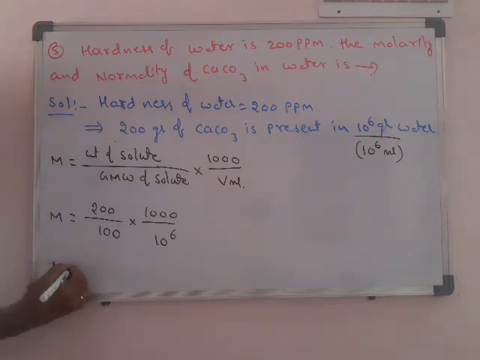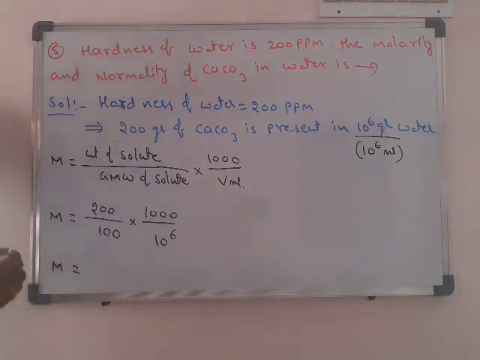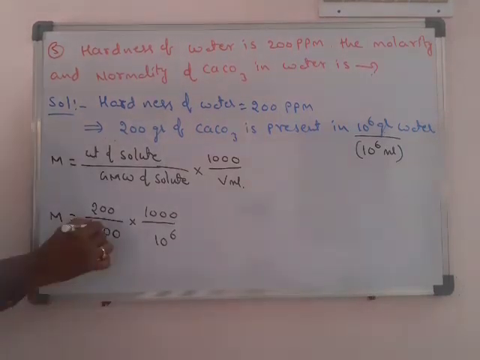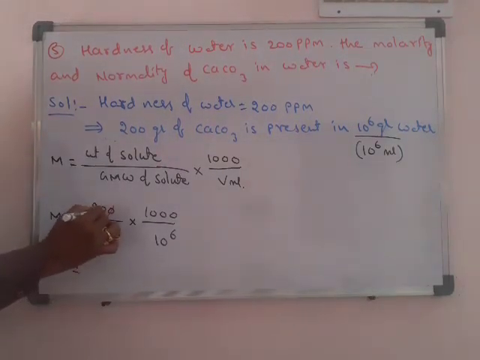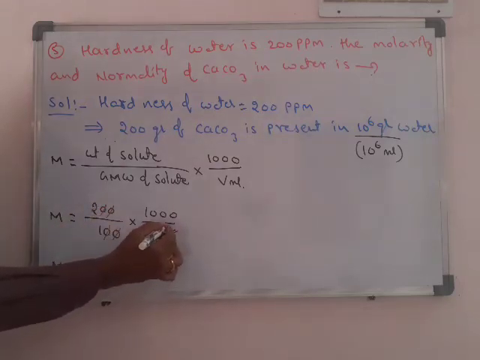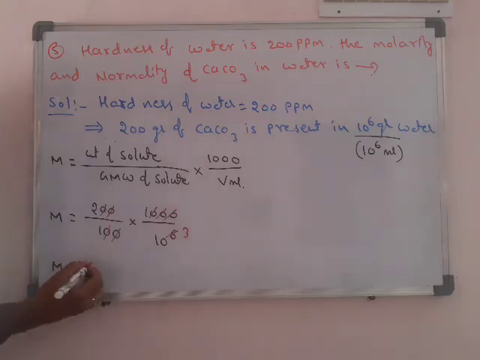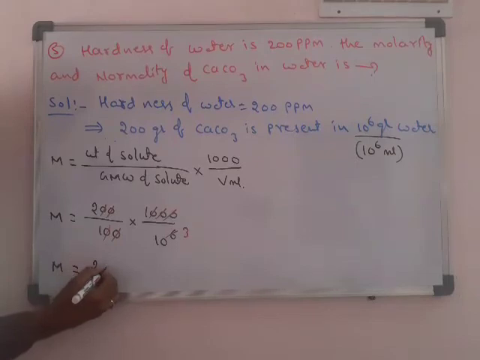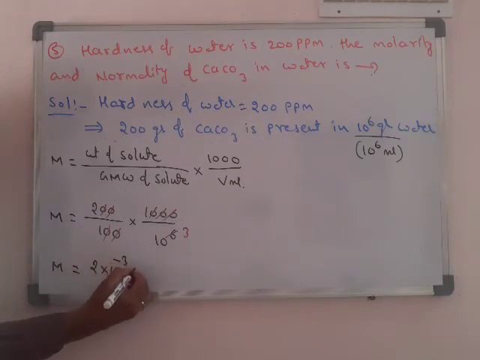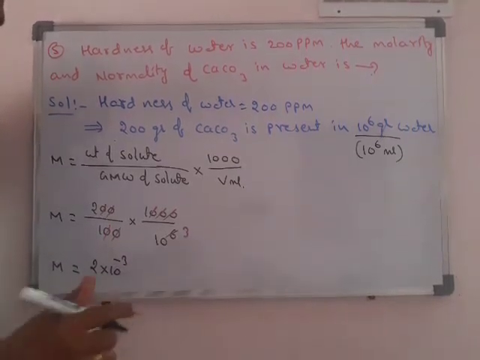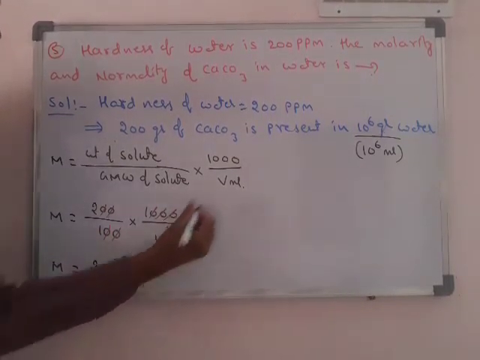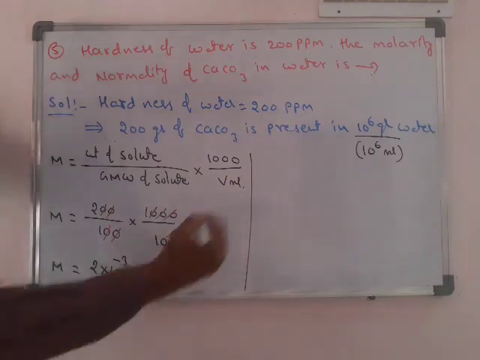On calculation, we will get 2 into 10 power minus 3 molarity. So we can say simply capital M, which means moles per liter. This is the molarity.